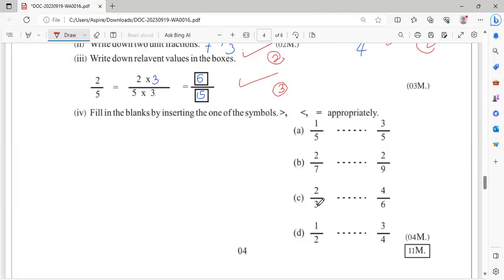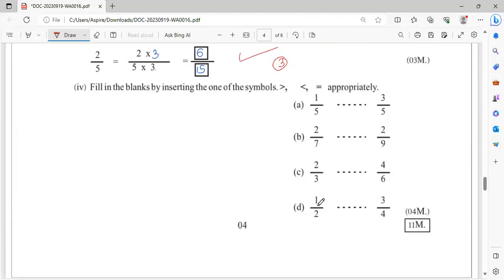Fourth one, fill in the blanks by inserting one of the symbols. Okay, 1/5 is less than or more than 3 out of 5. What is the suitable symbol? I will name these symbols as 1, 2, 3.